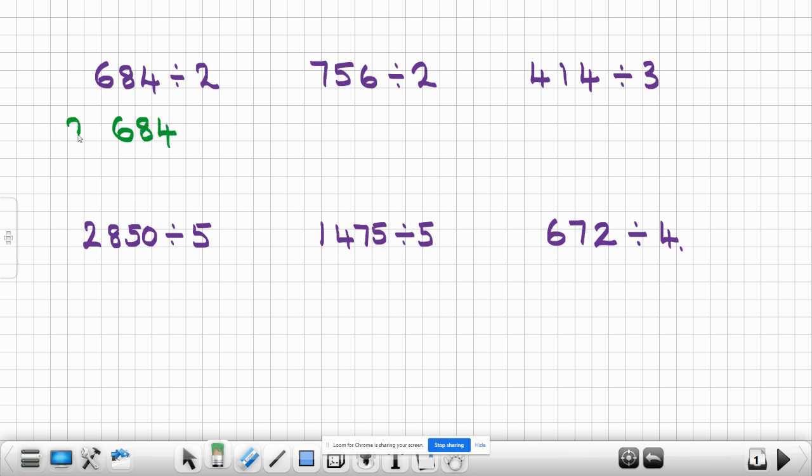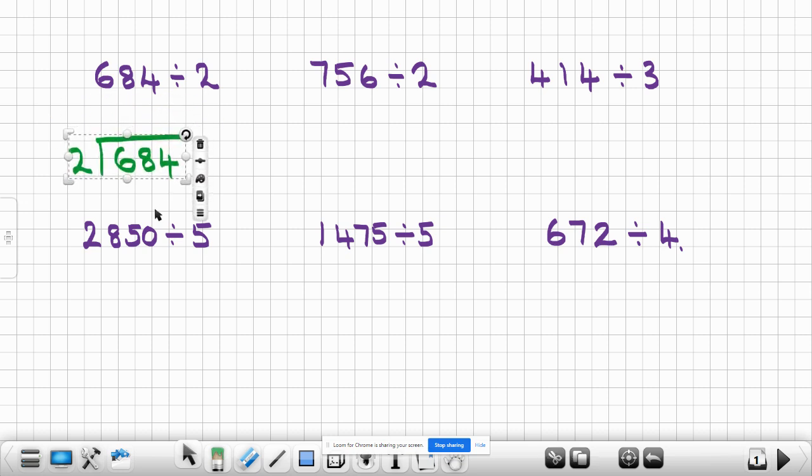And then the 2 goes in front of it with this little box around it. I need to give myself some room there. So that's why we call it the bus stop method, because it kind of looks like you've put it under a little bus stop.